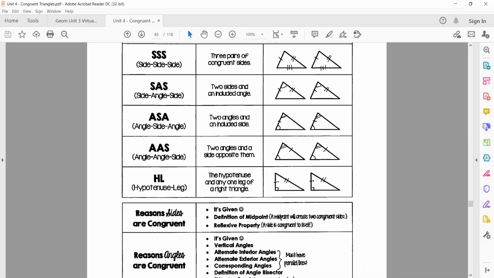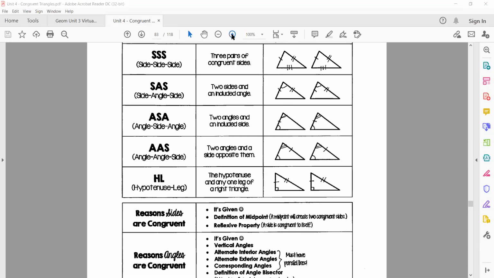Definition of midpoint. Here again, those early definitions coming back to haunt you guys. What does a midpoint create for us if we have a line that's being cut at the midpoint? What is the result of that? It's written out right here, guys.